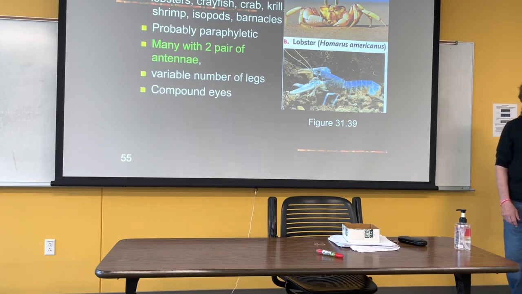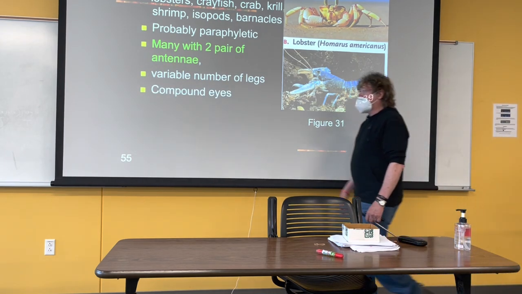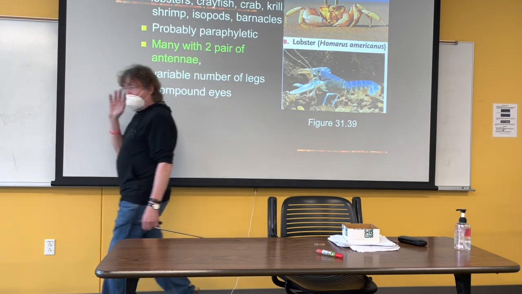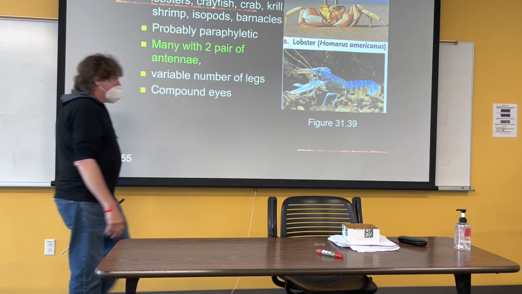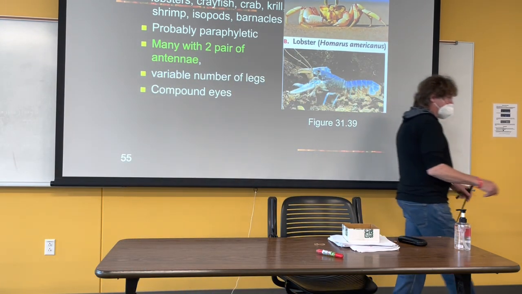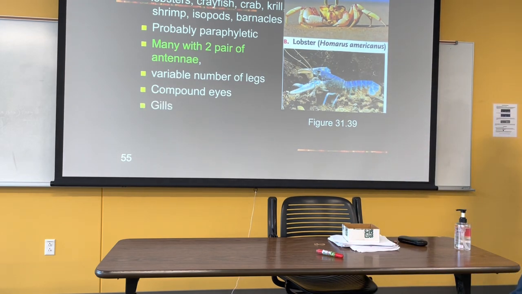And the number of legs is variable. Most crustaceans have a cephalothorax and an abdomen. However, as I said, there's many different clades there, and some of them have head, thorax, and abdomen, okay? And of course, compound eyes.